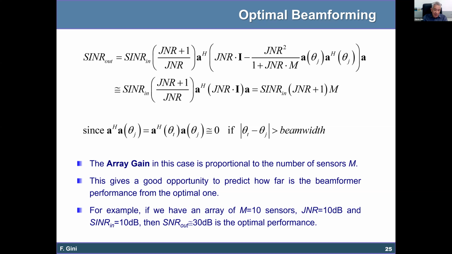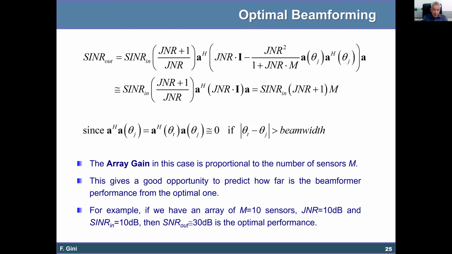And this result says that the array gain is proportional to the number of sensors. So if you start from data that has a very low signal to noise ratio, by using beamforming, you can improve the signal to noise ratio.